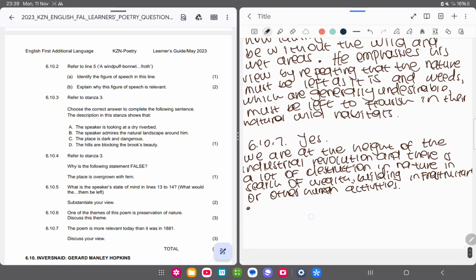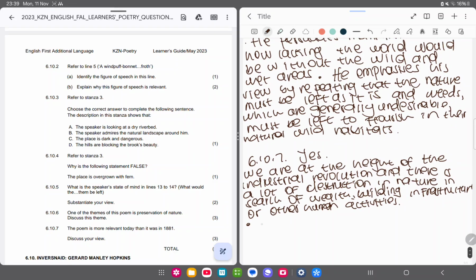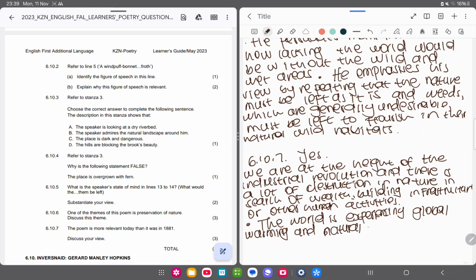You can also further explain that the world is experiencing global warming and natural disasters due to the destruction of nature.